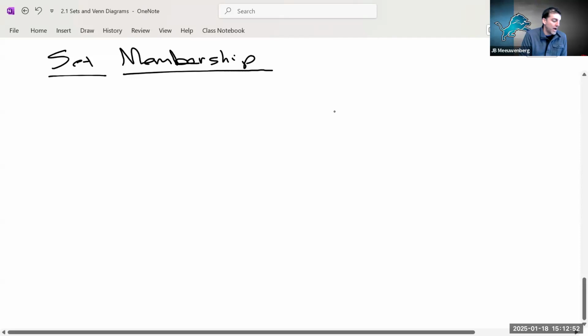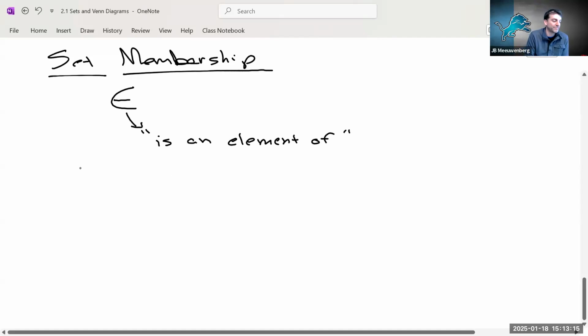Okay. So the symbol that we use is this. It kind of looks like an E in a little ways, but it's sort of curved. When you see that symbol, it means this phrase is an element of.